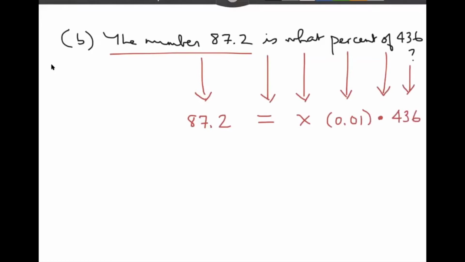So this is an actual algebra problem. We do have to solve that for X. So the first thing I'll do is multiply 436 times 0.01, which comes out to 4.36. And then using the multiplication property of equality, we'll divide both sides by 4.36.